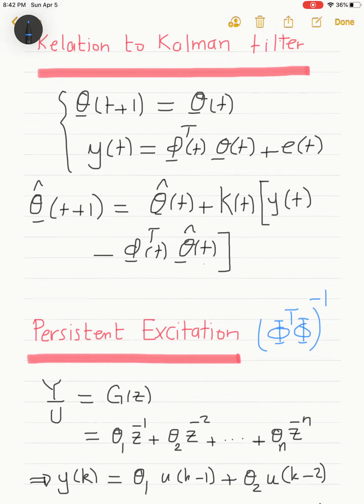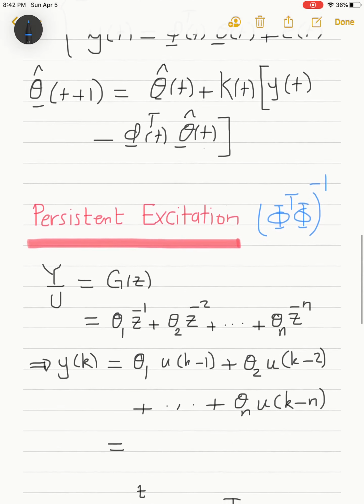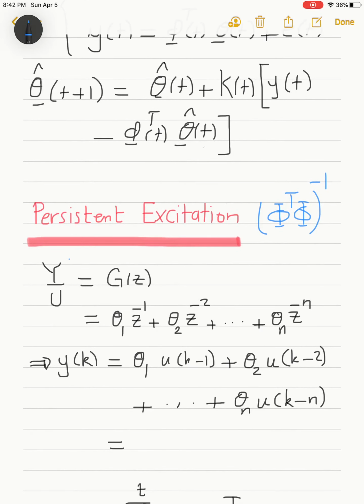So let's start as an introduction by considering a single input, single output y over u with corresponding transfer function g of z. Now we know that by definition g of z would be a summation from k equal 0 to infinity of g of k times z to the minus k.